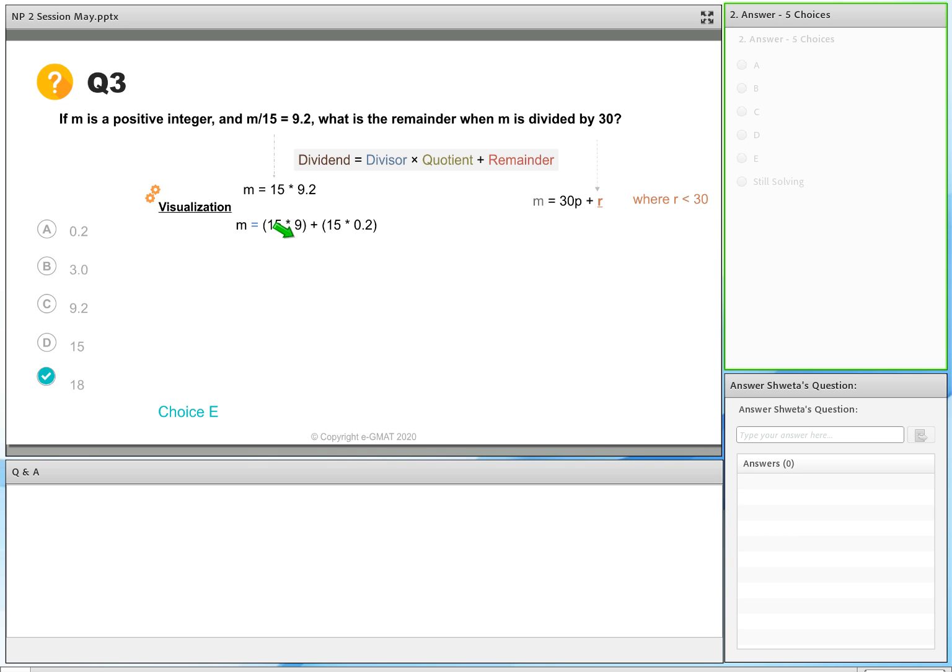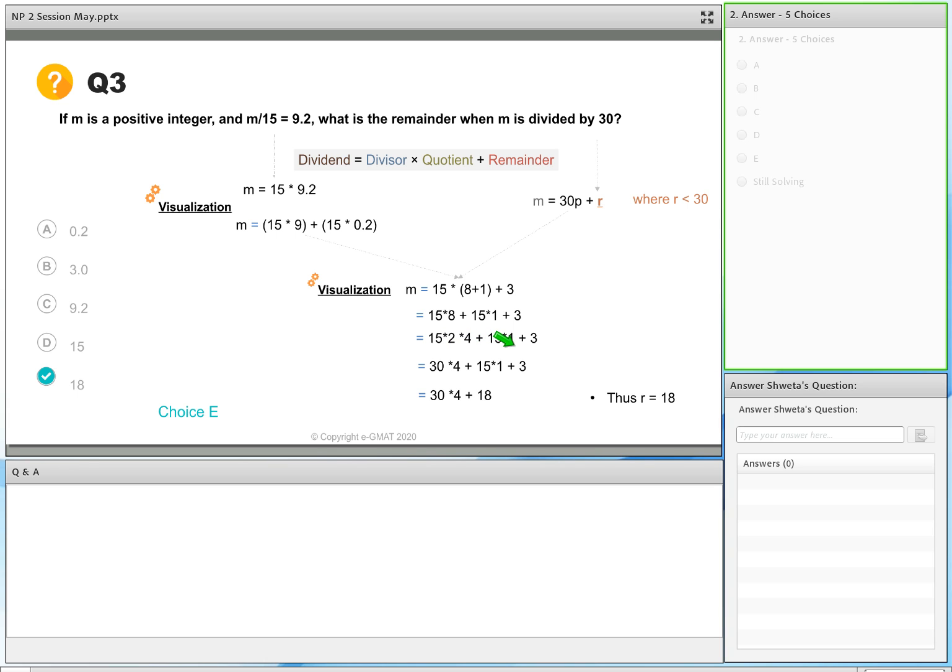So what I'll have to do is I'll have to break this 9 down into 8 plus 1. Then 15 times 8 plus 1 is going to be 15 times 8 plus 15 times 1. Now this 8 is eligible to give me the 2 that I want to make it into a 30. So this will be the 30 times something.